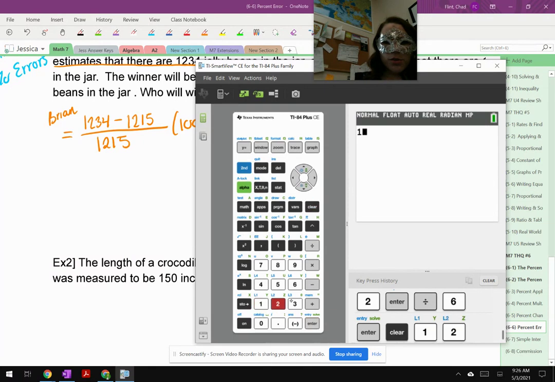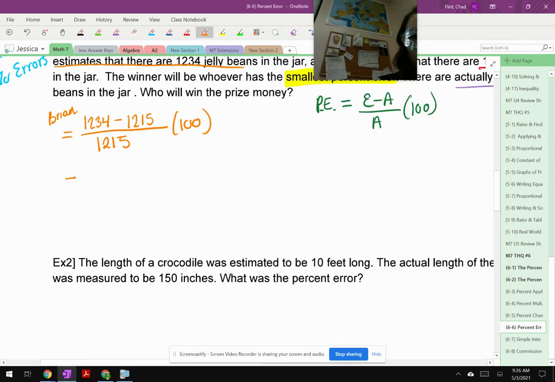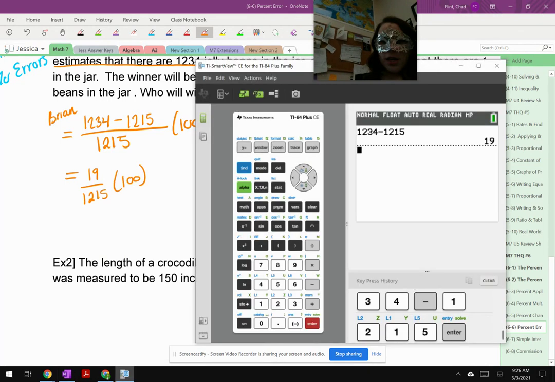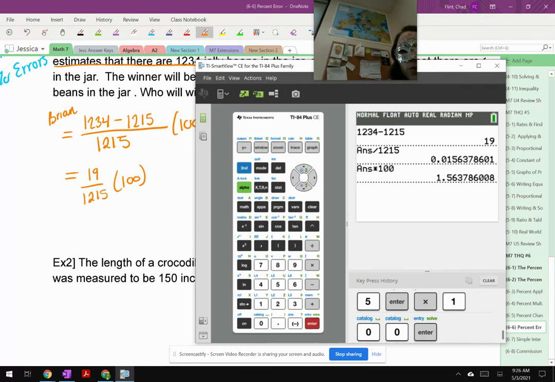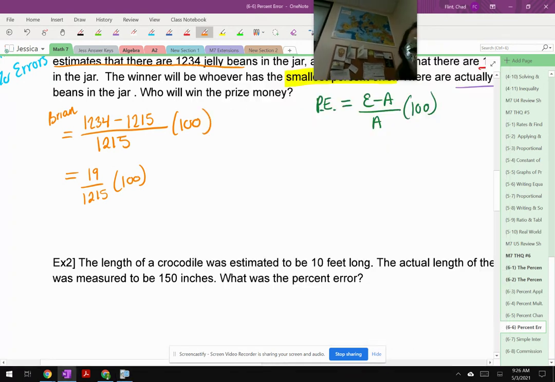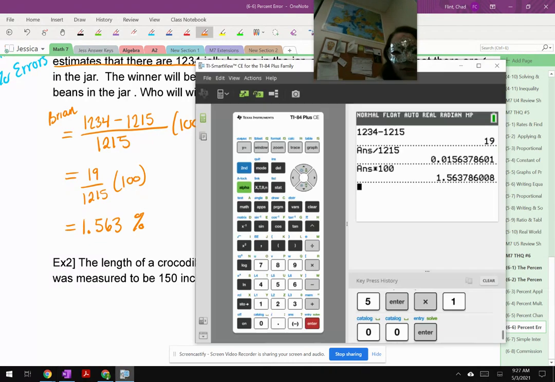All right, so 1,234 minus 1,215 is equal to 19, divided by 1,215, times 100 is equal to 1.563, so 1.563%.